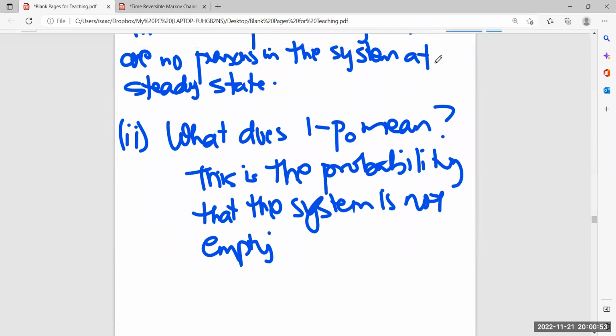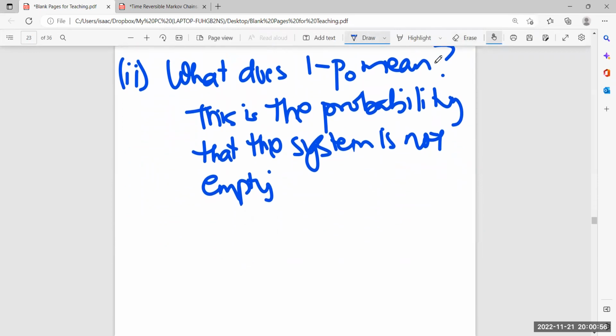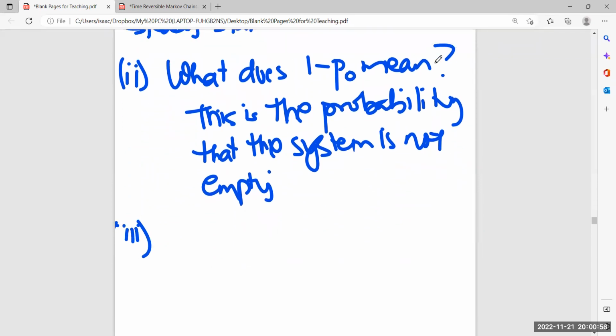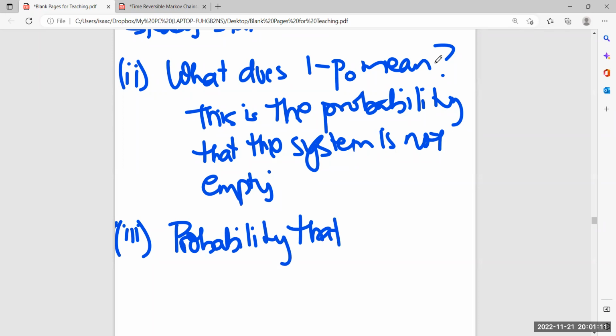All right, so let's go again and work out some more. What's the probability that there is no queue, or no persons waiting? It means that you could have one person at the server, or nobody at the server.